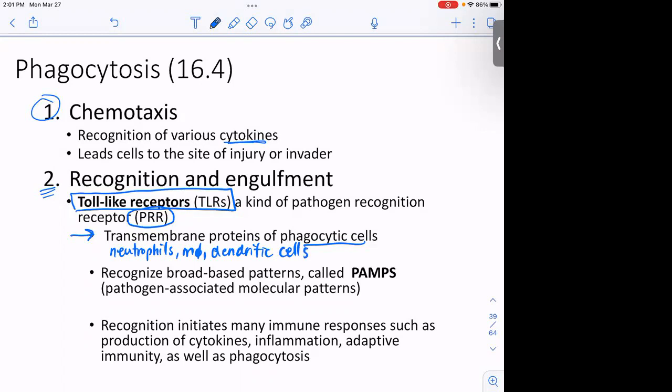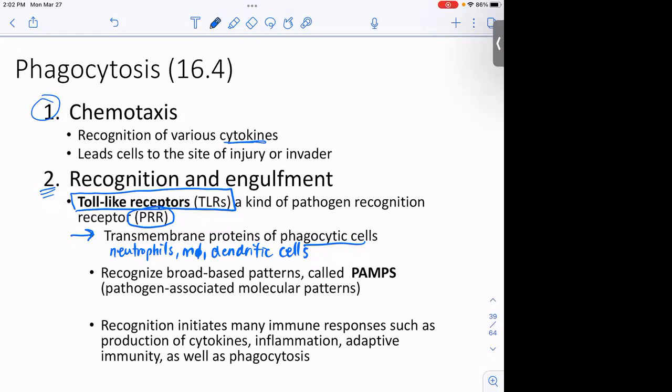And what these toll-like receptors do, there's about 10 different kinds, we think, in humans. So TLR1, TLR2, so on and so forth. They recognize these broad-based patterns that pathogens will have that our host cells don't exhibit.